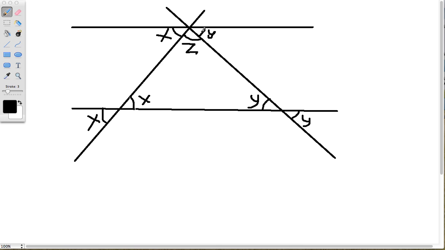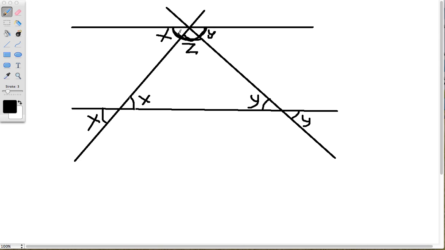And look, since this is a straight line, see these angles, they add up to 180. Because we know this is x, this is opposite from x, so it's the same measure as angle x.